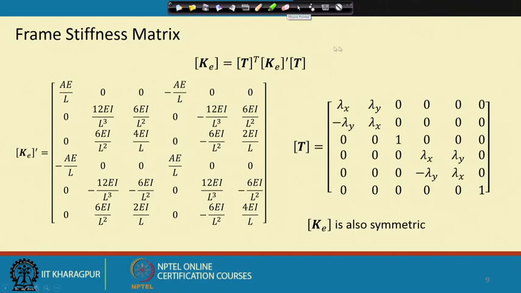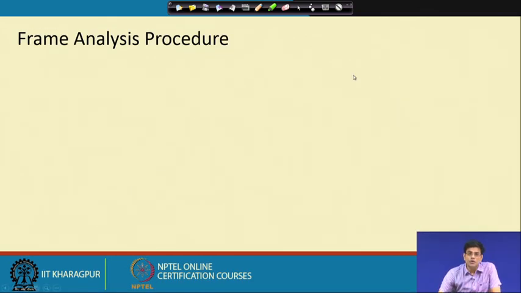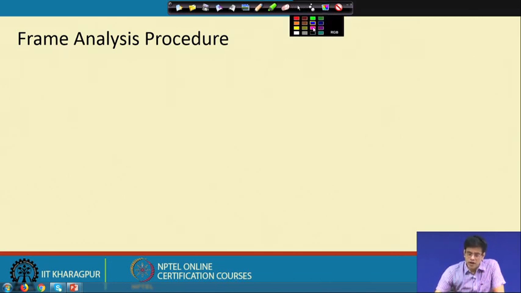Now, once we know the stiffness matrix in the rotated coordinate system from local to global, we can proceed further. What is the frame analysis procedure? The frame analysis procedure in general is very similar to the stiffness analysis procedure, which we have seen for truss and for beam.